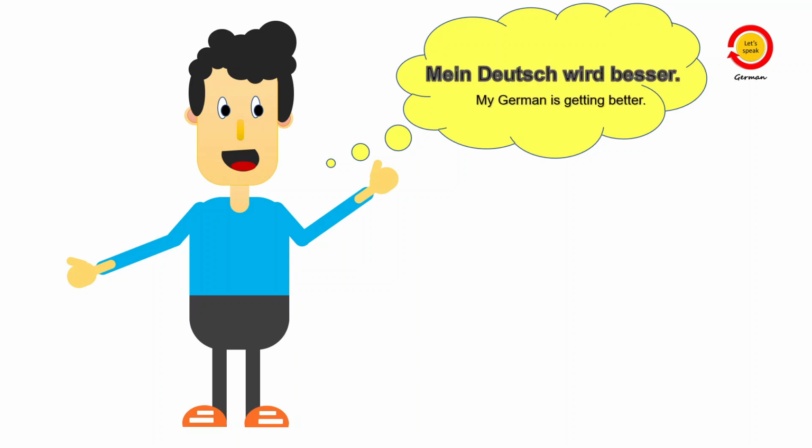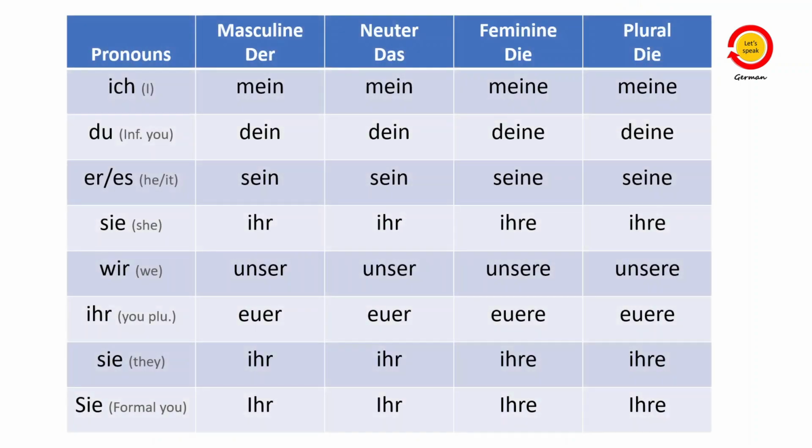I shall first give a table of different conjugative forms and later apply it in the example sentences by taking this table as the reference. By practicing several examples and speaking German in real time, slowly we get habituated to the usage of the corresponding pronouns easily. Possessive pronouns.